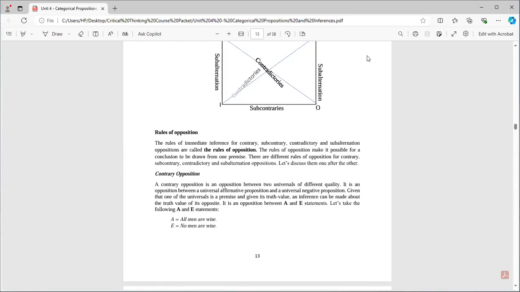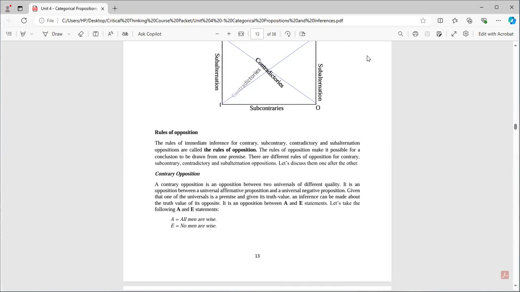We are saying all men are wise. That's our premise. And our conclusion is going to be no men are wise. We can't bring any other statement into this. These are the two statements that are forming your argument. One is a premise, the other is a conclusion. So if all men are wise, we assume that it is true.